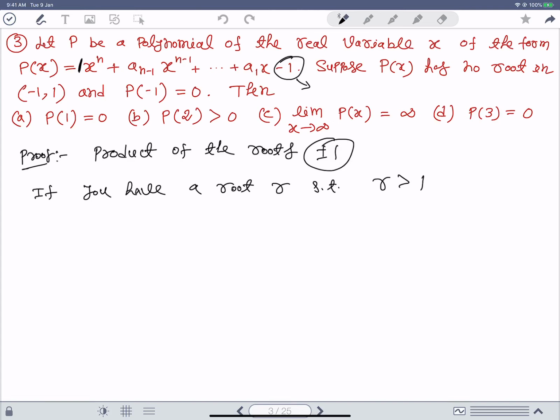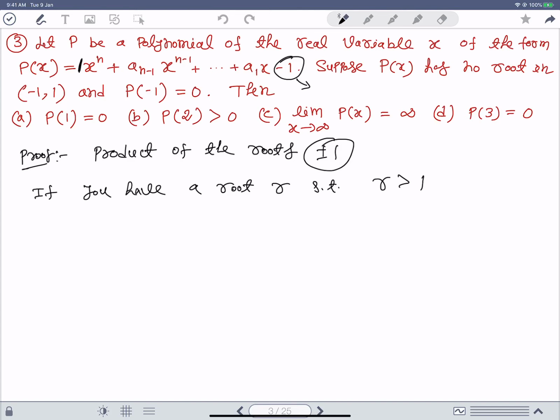You can, because the product of all the roots is only plus or minus 1. Therefore, if you have one root which is bigger than 1, then you must have at least one root which is between 0 and 1.